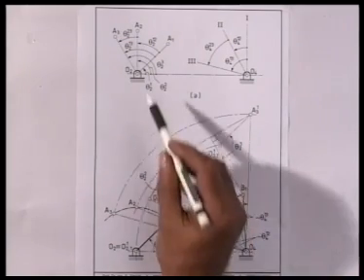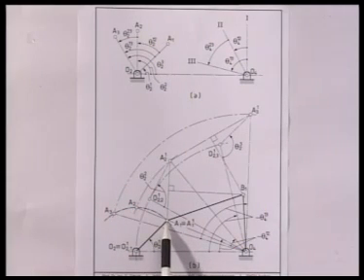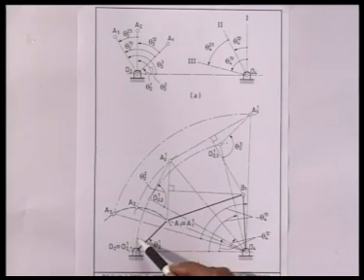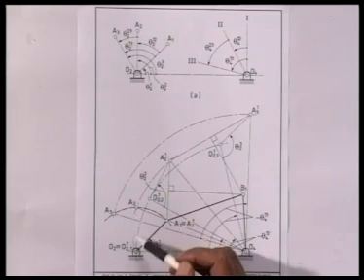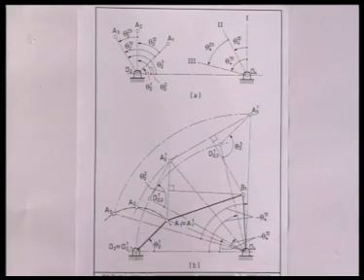Corresponding to this prescribed movement theta 2 1 2 and theta 2 2 3, A1 which goes on this circle with O2 as center and O2 A1 as radius, I can determine A2 and A3. This angle A1 O2 A2 will be theta 2 1 2, A2 O2 A3 will be theta 2 2 3.